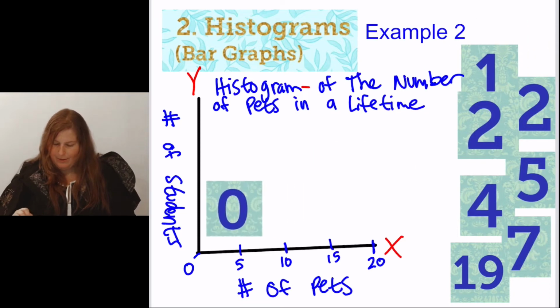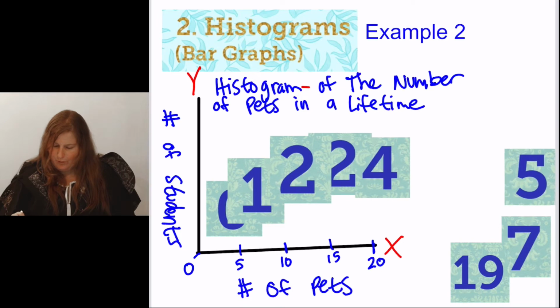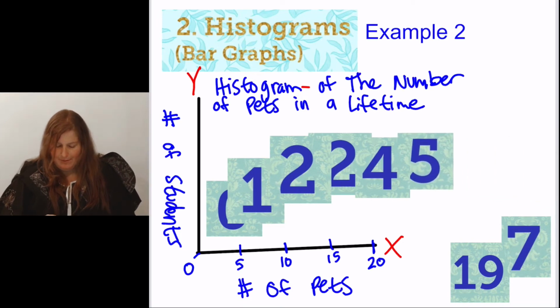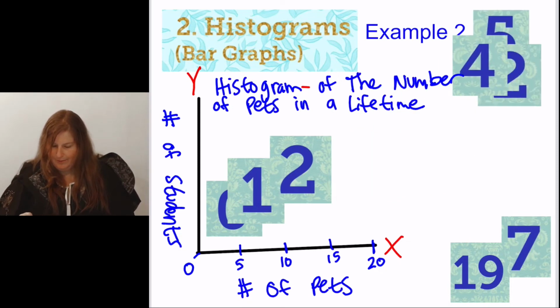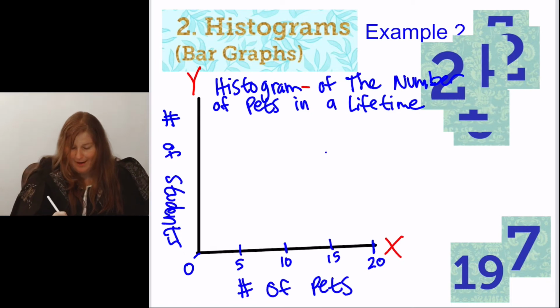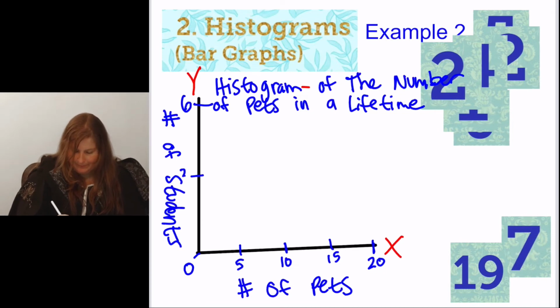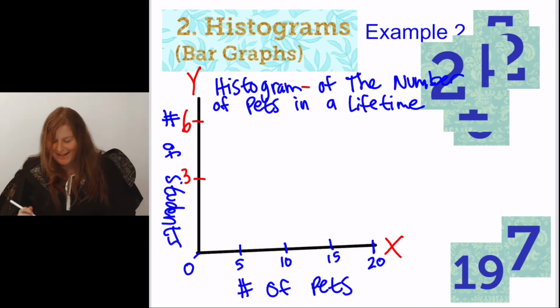So we have 0, 1, 2, 3, 4, and 5. So that means between 0 and 5, we have 1, 2, 3, 4, 5, 6 different numbers. That's a big group. So that means that over here on my y-axis, it has to go up to at least 6, because that is going to be my biggest group.